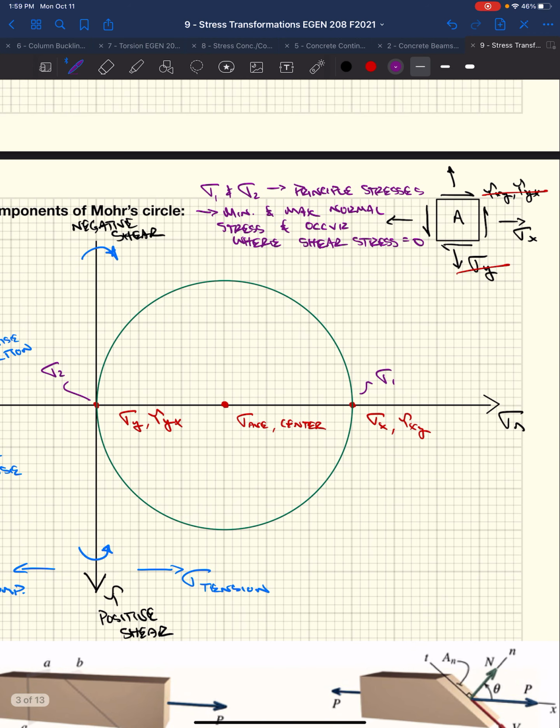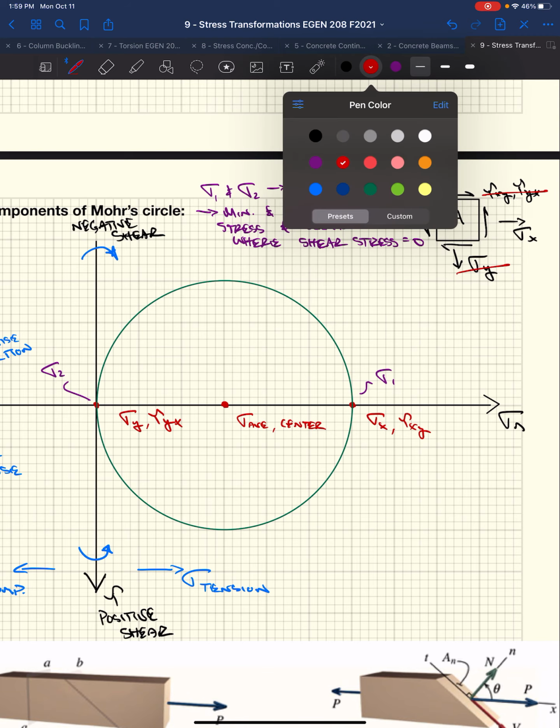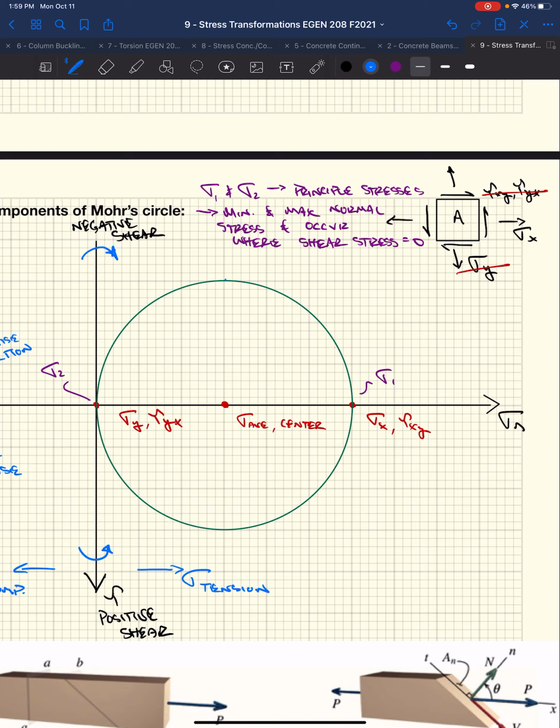We are also going to be able to determine from this our maximum shear stresses.